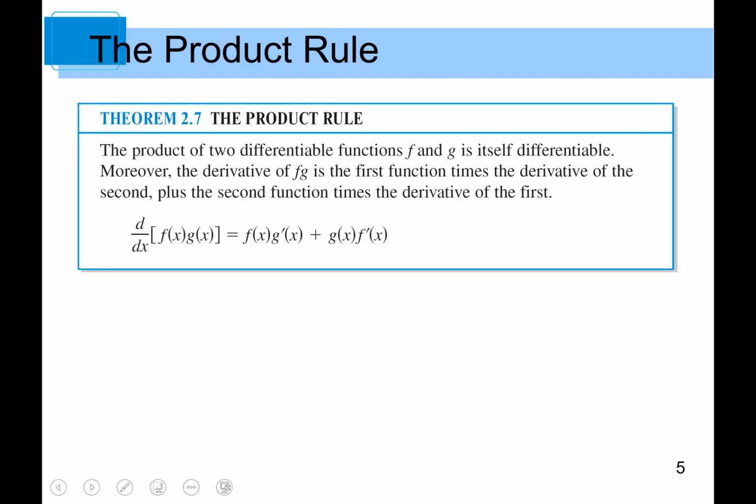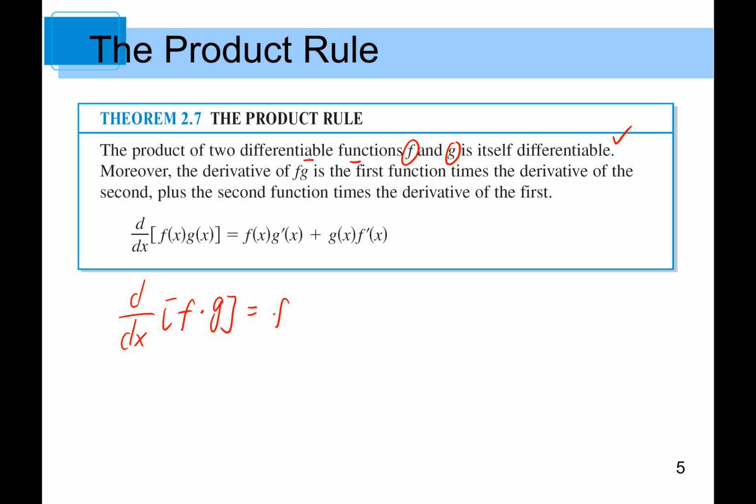So the product rule: the product of two differentiable functions, f and g, is itself differentiable. Moreover, the derivative of f times g is the first function times the derivative of the second, plus the second function times the derivative of the first. As I mentioned before, you can just view f as the function f of x, and g as the function g of x.